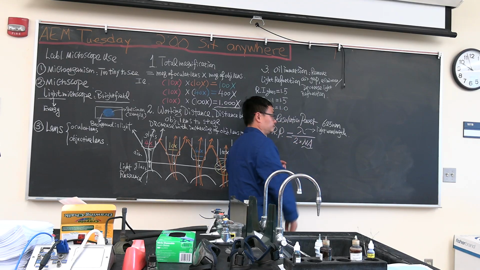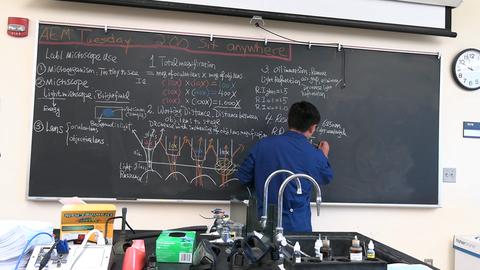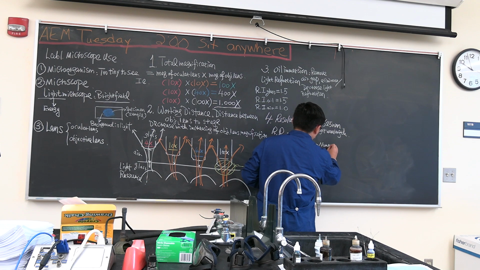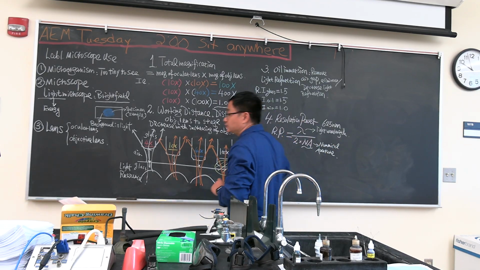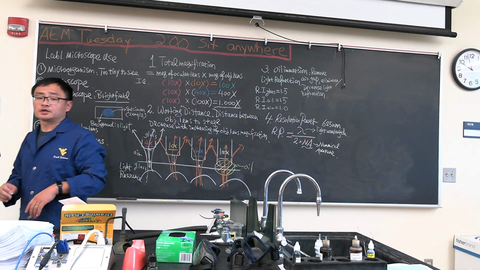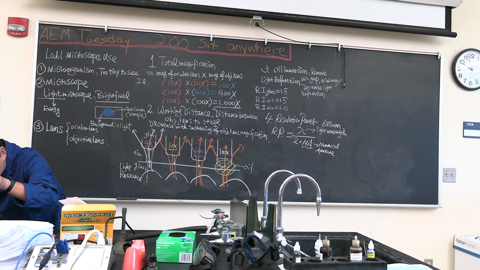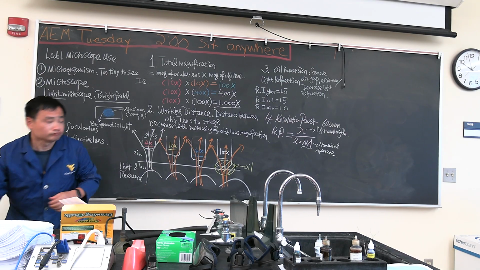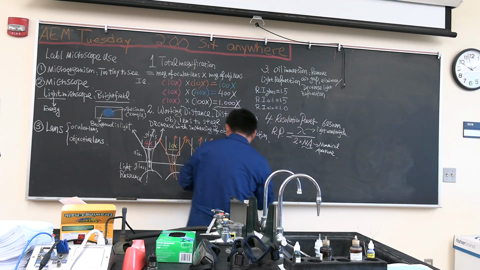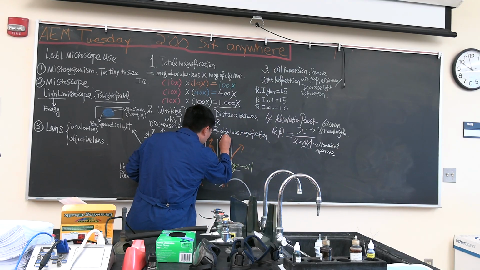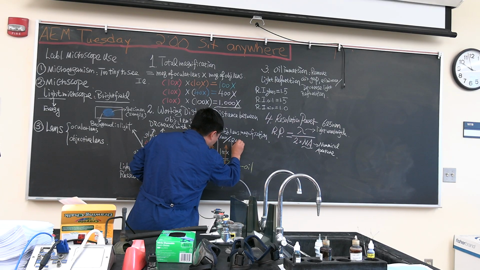What is NA? NA is called numerical aperture. There is a number for that. What is the number? If you look at your objective lens very carefully, switch to the 100x, you will see it says 100x dash 1.25.